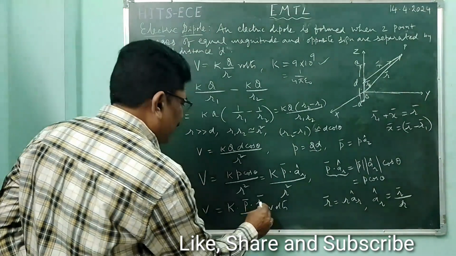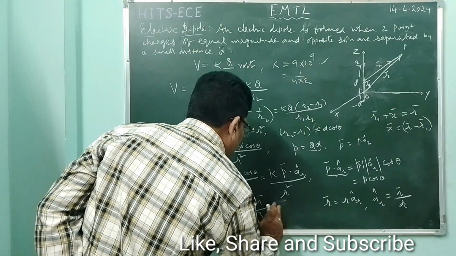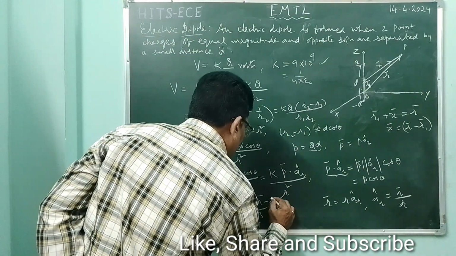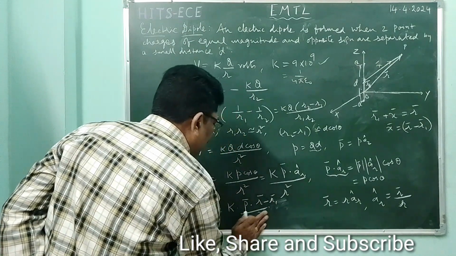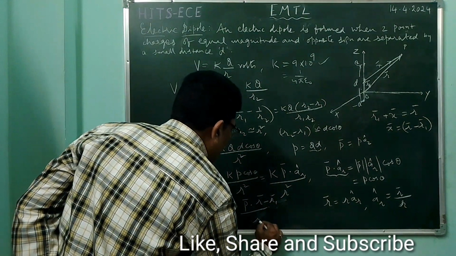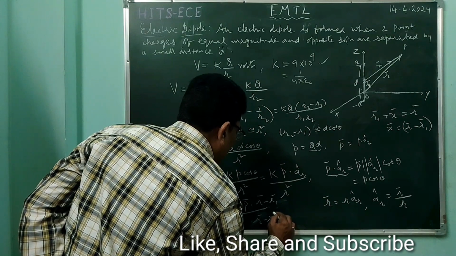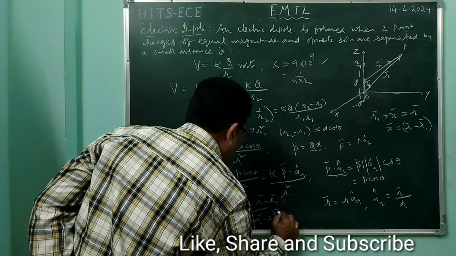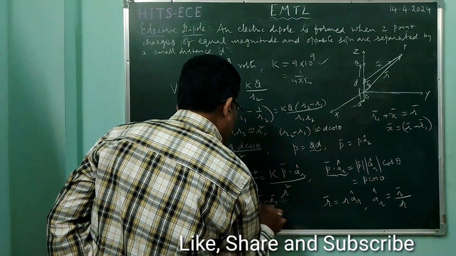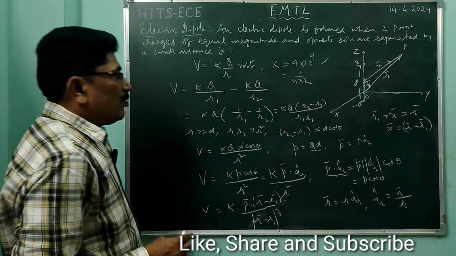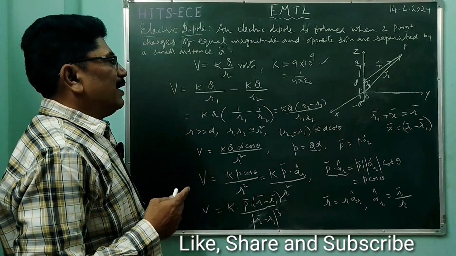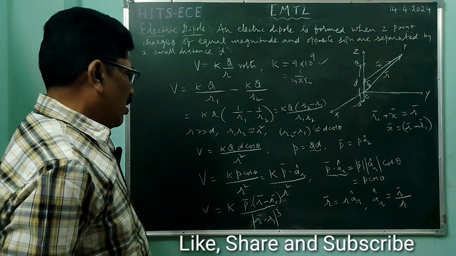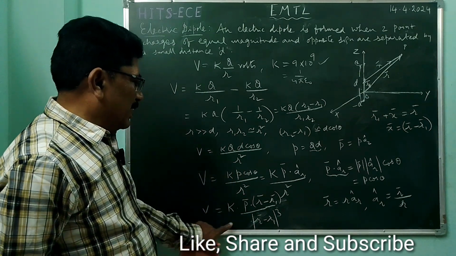That is, R bar minus R1 in the numerator, and in the denominator the magnitude is R bar minus R1 whole cube. That is, when the center of the dipole is at a distance R1 from the origin, this is the equation to be considered.